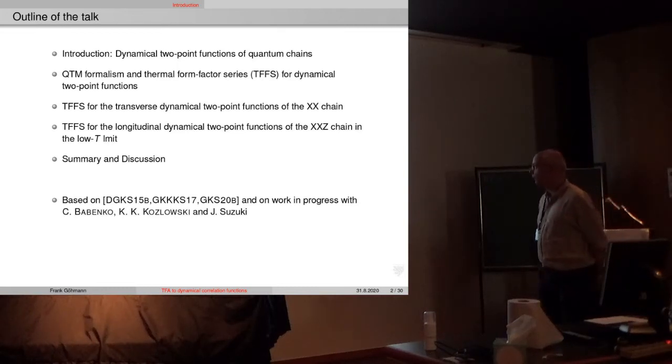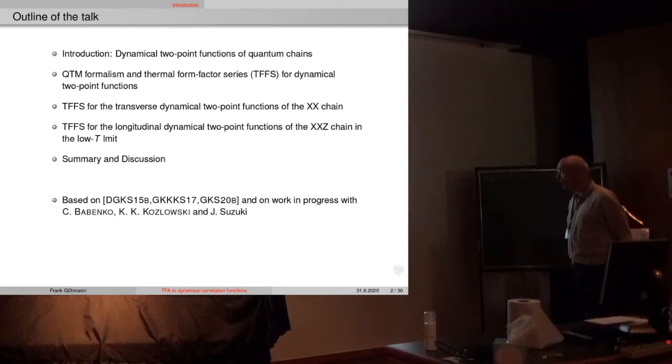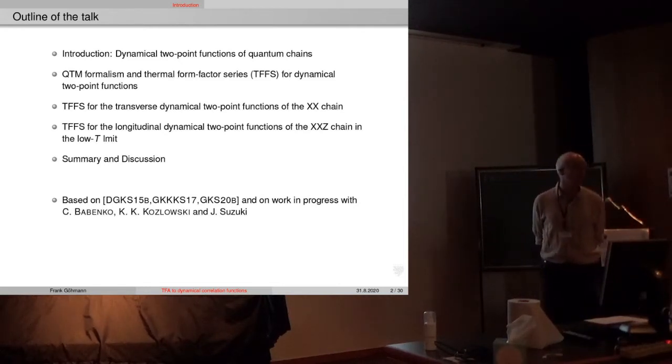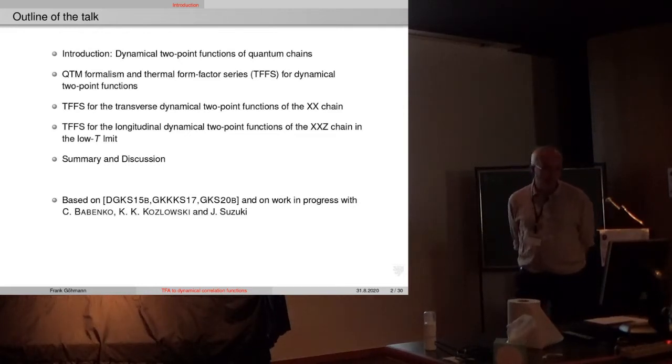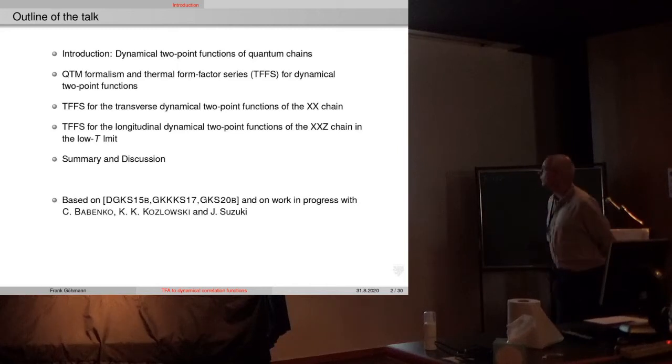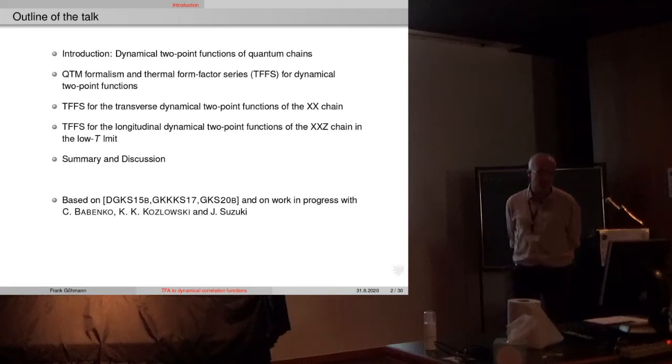The collaborators who are always in these works are my main collaborators, Karol Kozlowski, from the ENS de Lyon, and Junji Suzuki, from Shizuoka University. And for the very latest part, we have a new collaborator who's in the audience, Konstantin Babenko, who's at the moment a postdoc at Wuppertal.